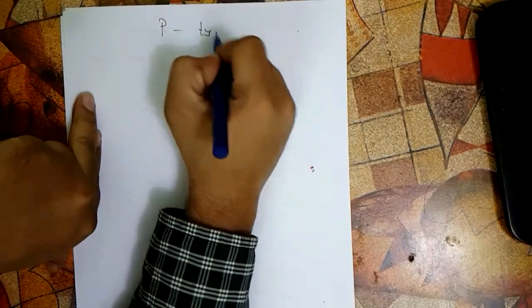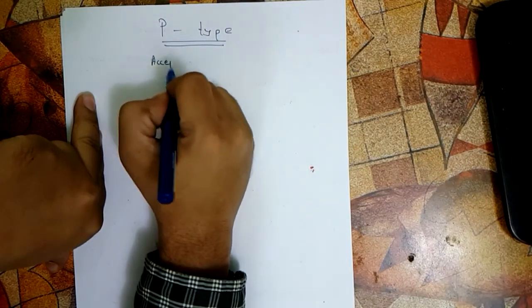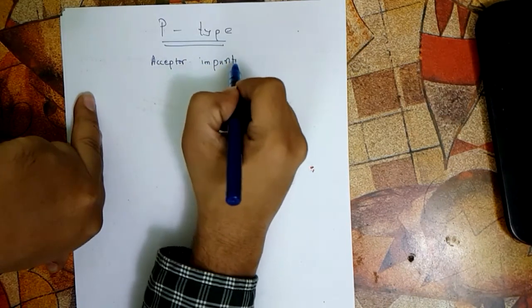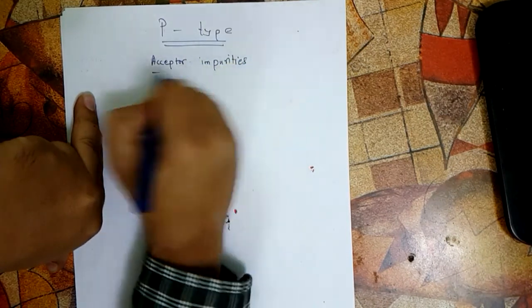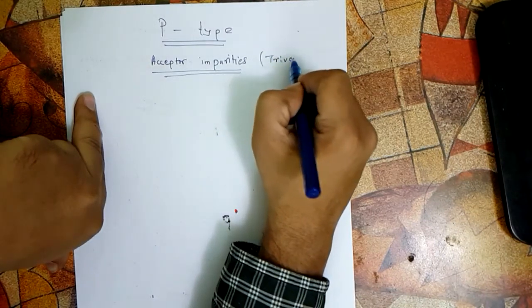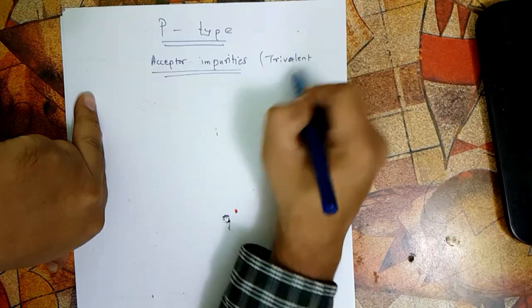P-type. So what happens in p-type is we add what are called as acceptor impurities. Acceptor impurities are also the trivalent impurities because they have got 3 electrons in the last shell. Trivalent impurities.